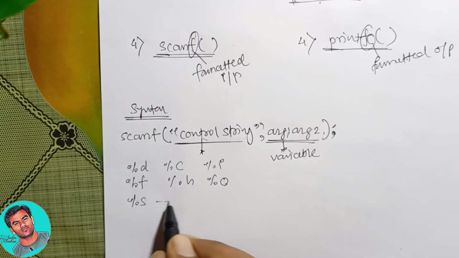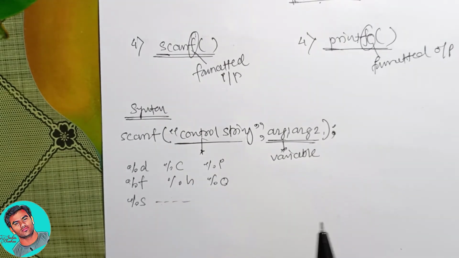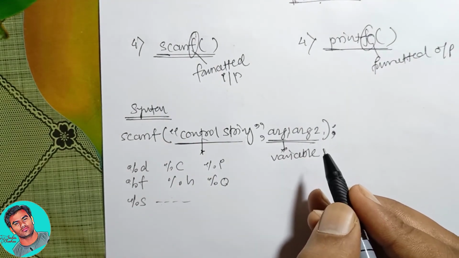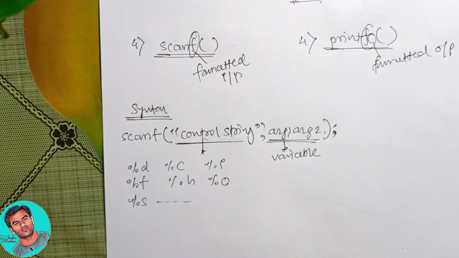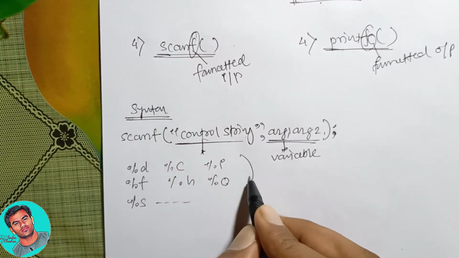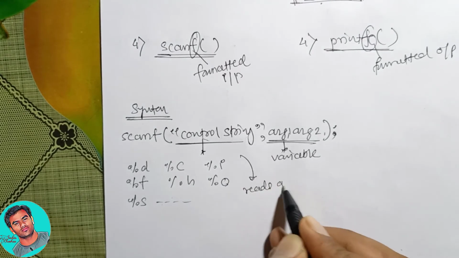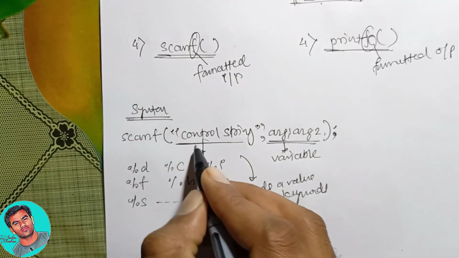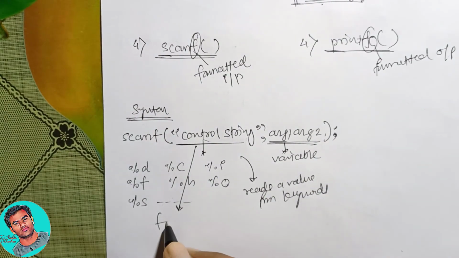So there are such statements for a control string, and this is argument 1 and argument 2. What this function does is read the value from a keyboard. It also represents a field format.